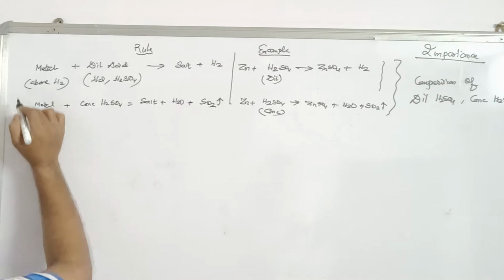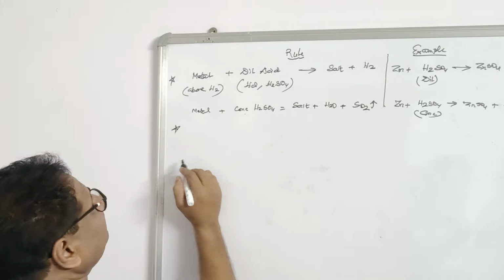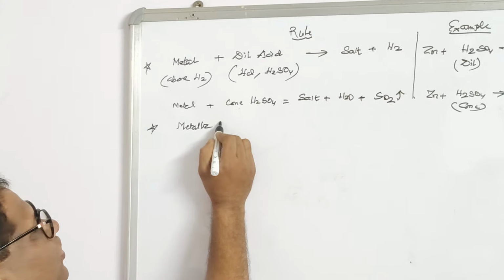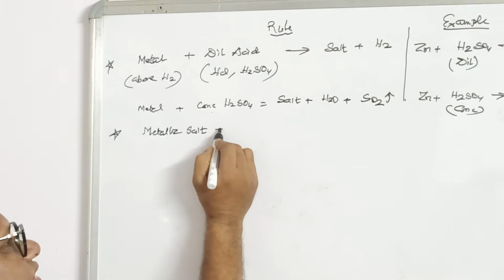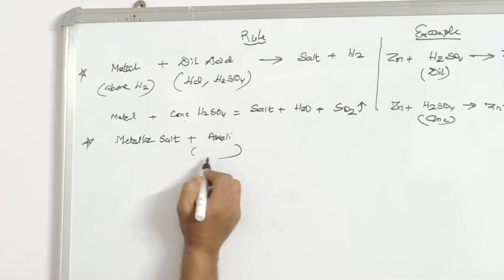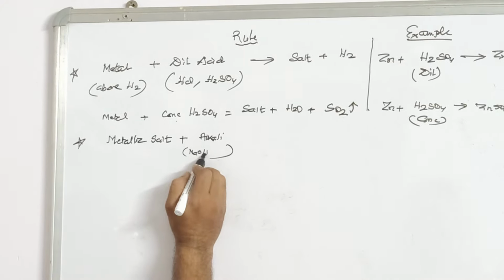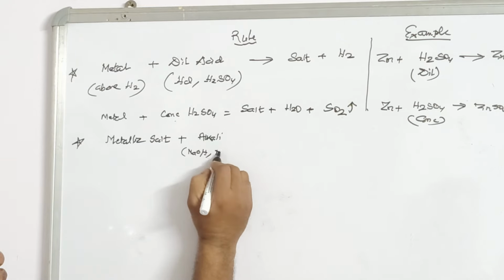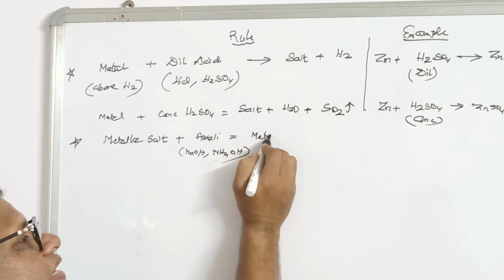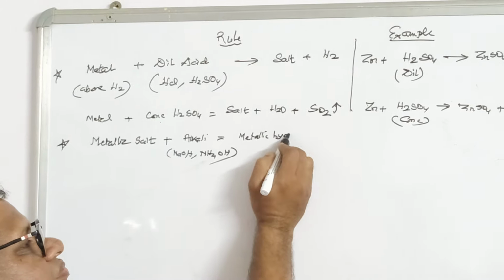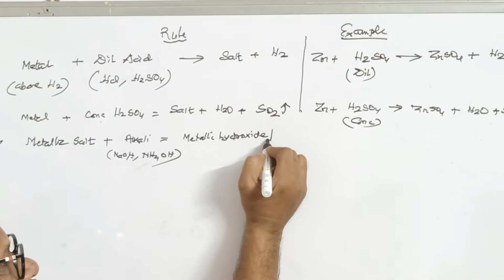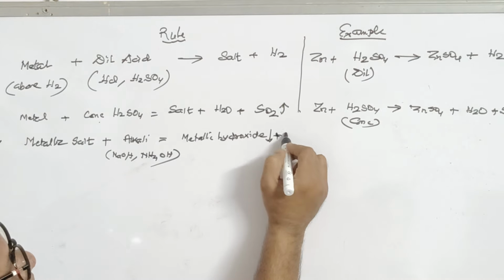Now let us consider one more rule. If you take any metallic salt, reacted with alkali, suppose we take NaOH or NH4OH also, then we get a metallic hydroxide, which is of course insoluble, plus metallic salt.